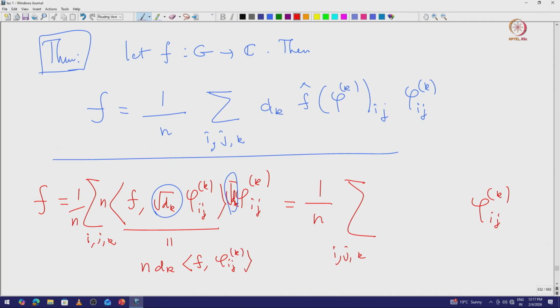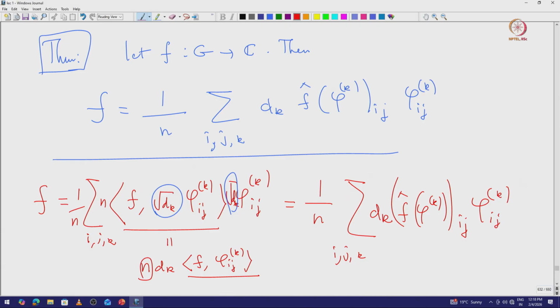So, that is exactly your Fourier transform, which is f hat of phi k at ij. Okay. So, this is more or less by definition that given f hat you can recover f. So, that means the map is injective, and they have the same dimension, so it is surjective. That comes for free.